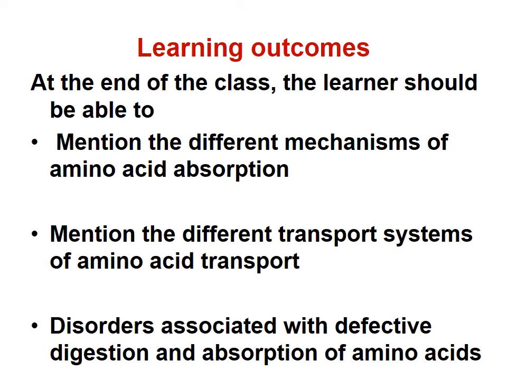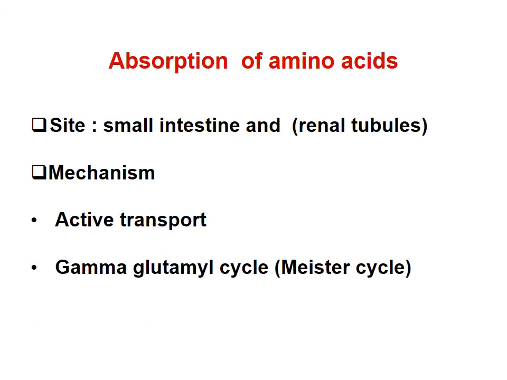Now with this brief recalling of digestion, we will go into the absorption of proteins proper, and at the end of the class you should be able to mention the different mechanism of amino acid absorption, what are the different transport systems of amino acid transport, and what are the disorders associated with defective digestion and absorption of amino acids.